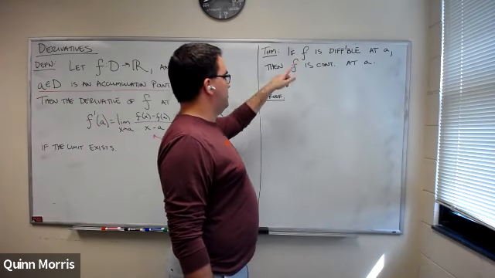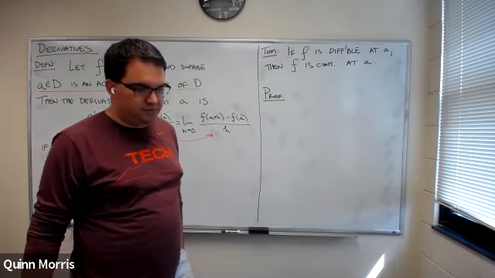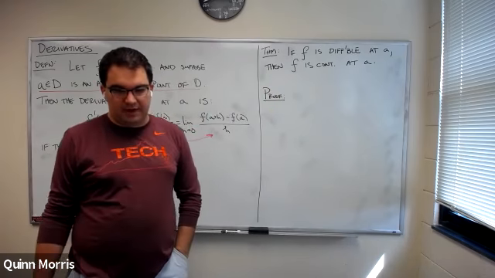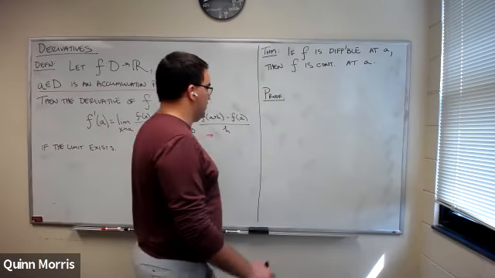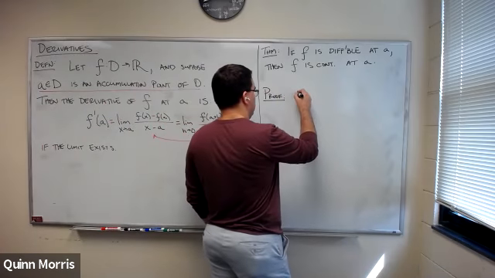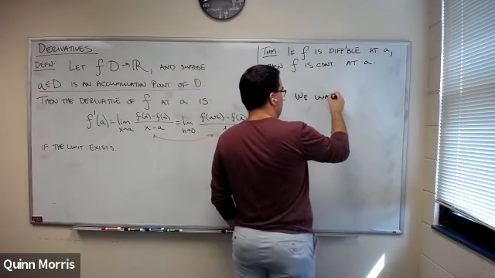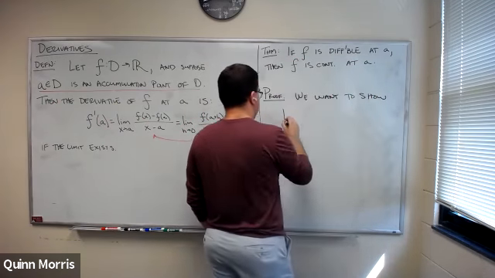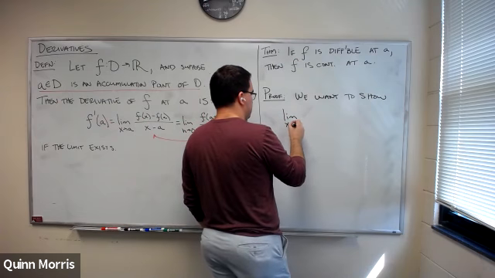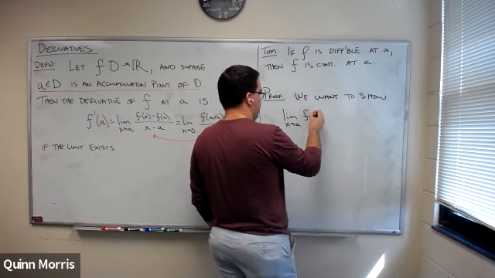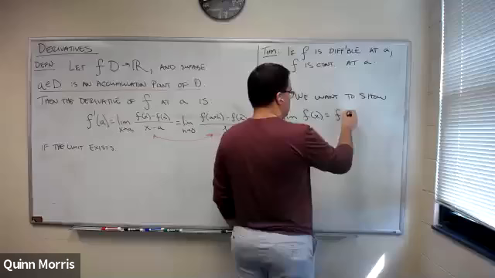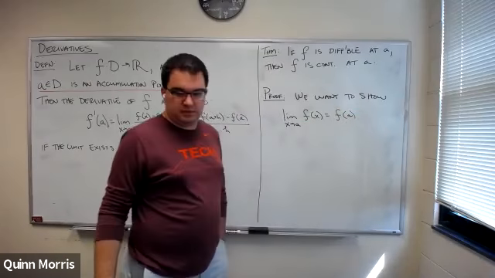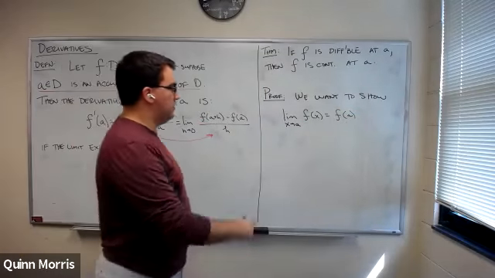Now I want to show that it's continuous there. For an accumulation point of the domain, I show it's continuous by showing that the limit as x approaches a of f of x is equal to f of a.